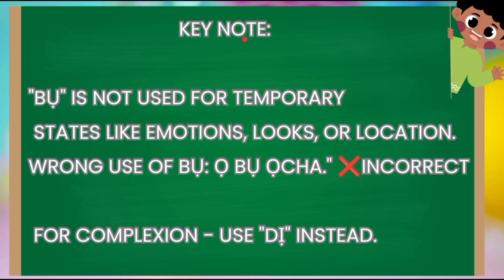I hope this clears up the confusion of where and where not to use they and bo. Yes, they are both verbs and they both stand for is and am, but they are used differently.